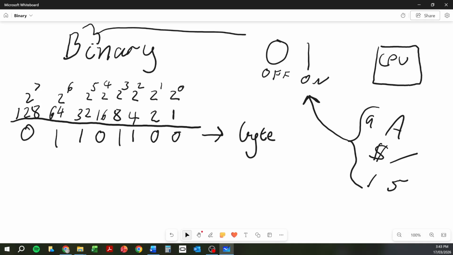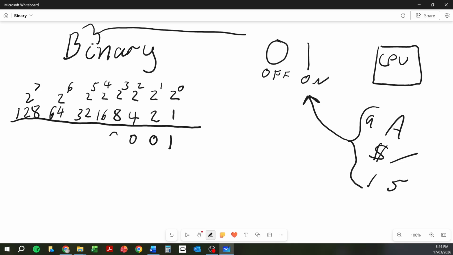Alright, so I'm going to go back a step here, and we're going to get rid of our byte, and we're going to start with the number 1. So to represent the number 1 as a nibble, it would look like that. That is 0001, and that equals 1. And the reason it equals 1 is because we have 1, 1, like that.